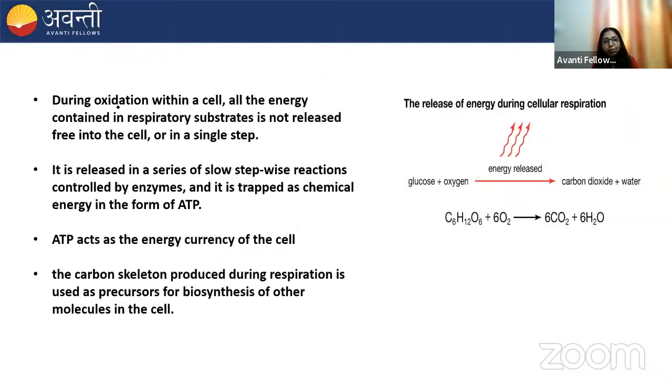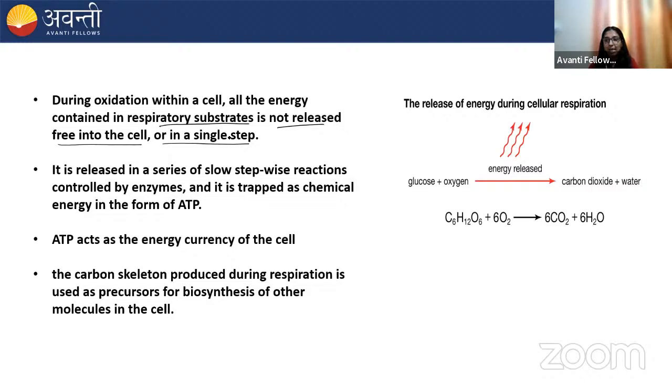So during oxidation within the cell, all the energy contained in the respiratory substrate is not released free into the cell or in a single step. You know that glycolysis is a 10-step reaction.